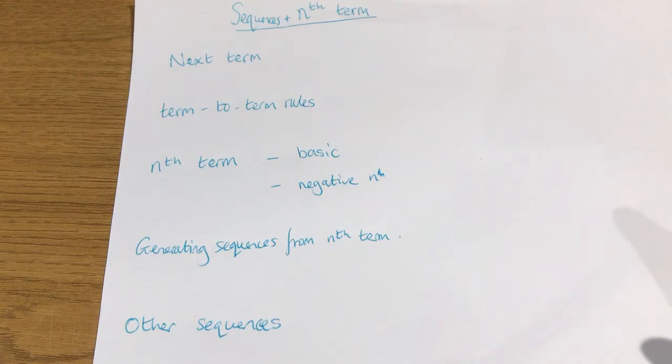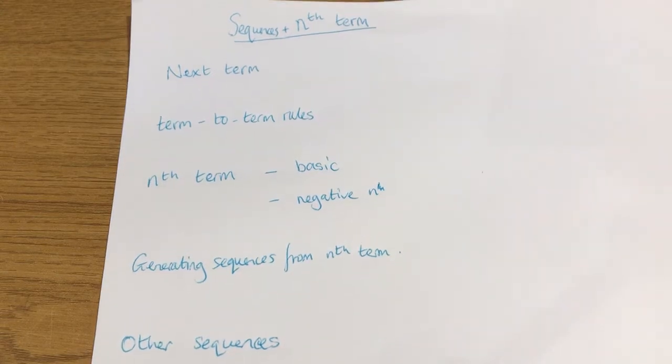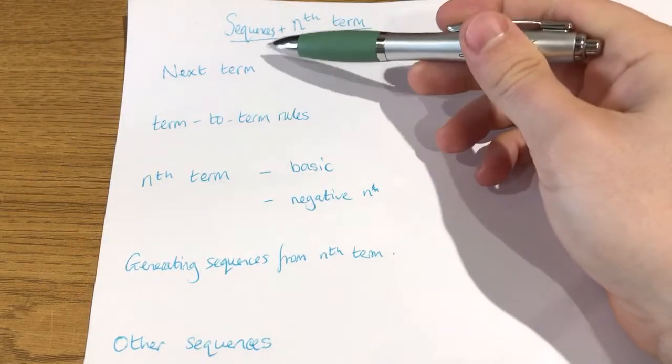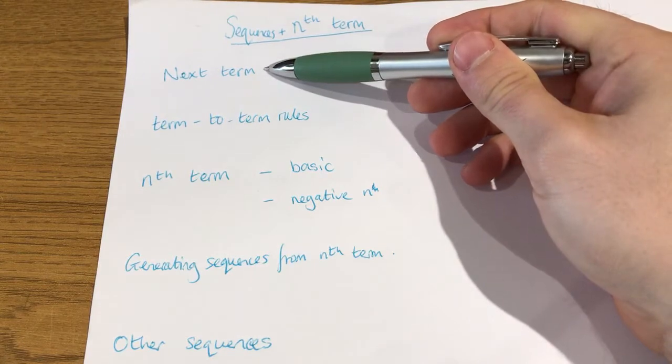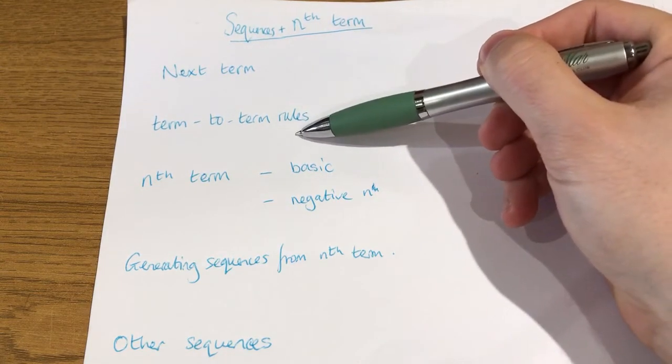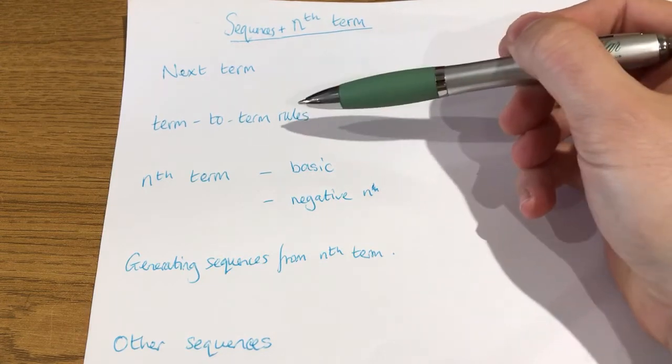This lesson's for the Year 9 classes I'm setting work for, but actually could be used for any class in the school. So it's sequences and nth term. We're going to be having a look, hopefully, at all of it, all in one today. So next term of the sequence, term-to-term rules, which a lot of people get confused with the nth term, so let's be careful with that.